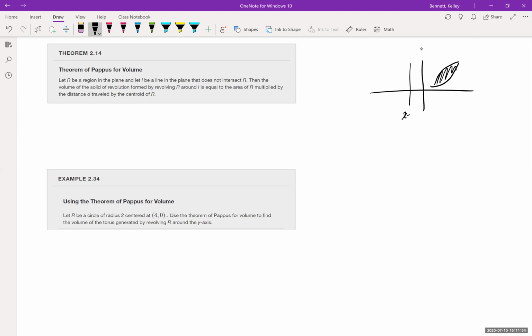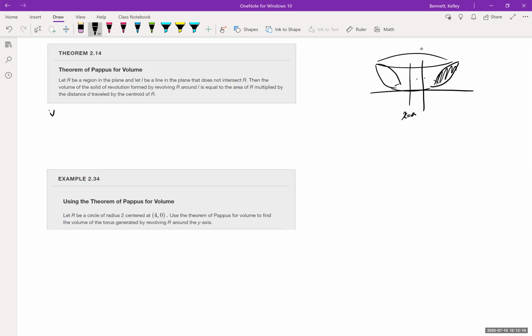So let's say this is x equals a. If I want to rotate this around a certain point and create my volume here, then in order to compute the volume, I only need to multiply the area of the region by the distance traveled by the centroid.